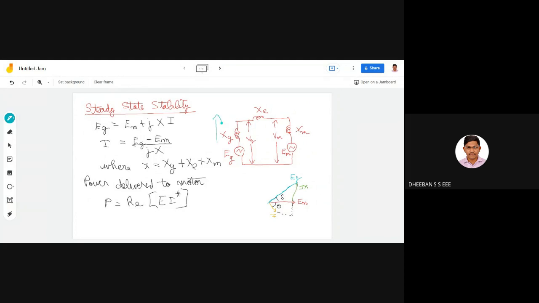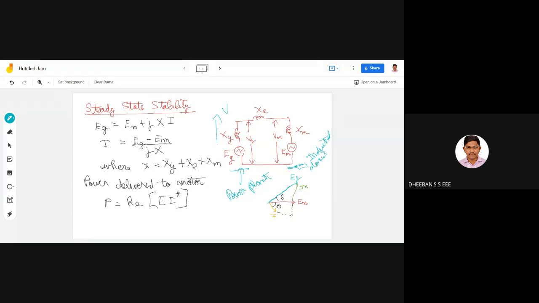This excitation will be basically from your power plants, and from these power plants, it will be given to the load. So load in the sense it can be an industrial load, or it can be your domestic load.